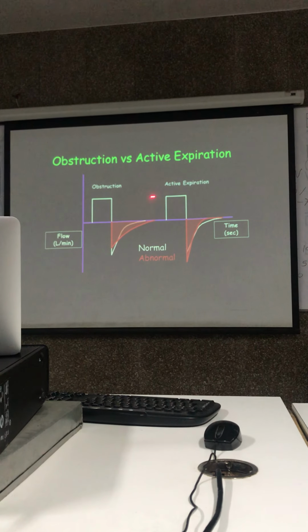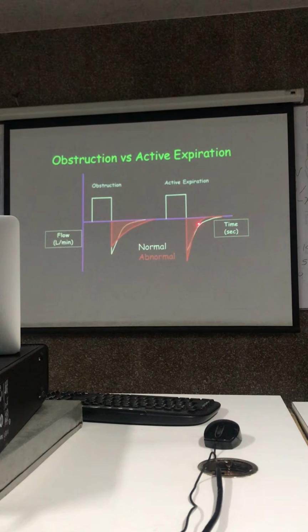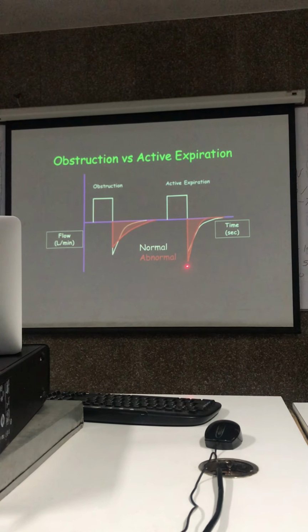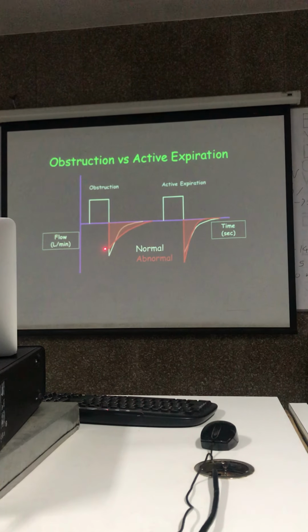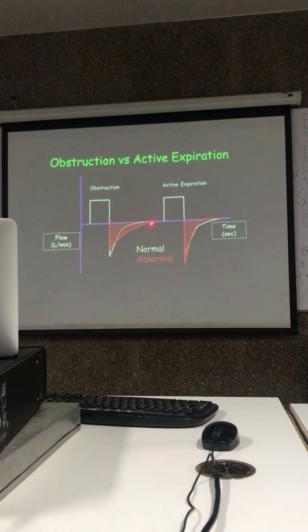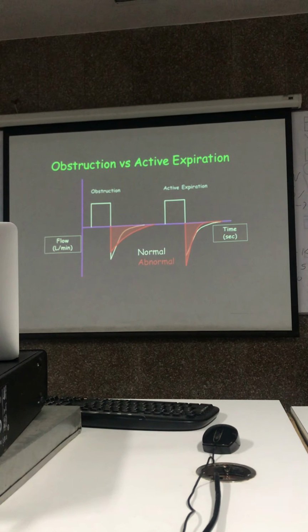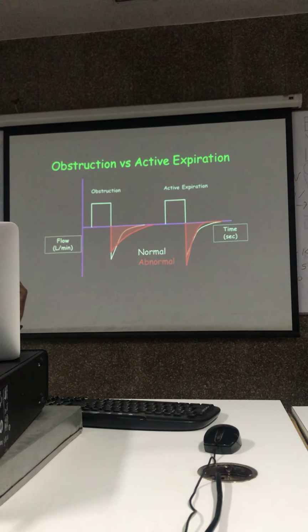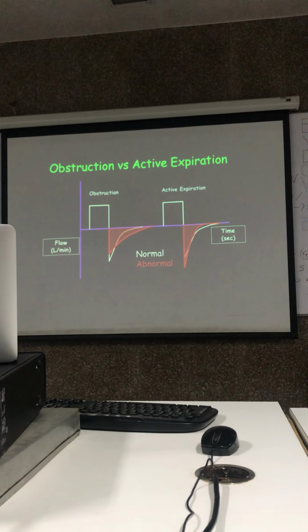So to differentiate between obstruction and active expiration, this is the normal time, this takes a shorter time. The peak expiratory flow is bigger, whereas in obstruction the peak expiratory flow is lower and extends over a longer period of time. So looking at this, you are able to say whether it's an obstructive disease or whether you are doing an active expiration. Alright?